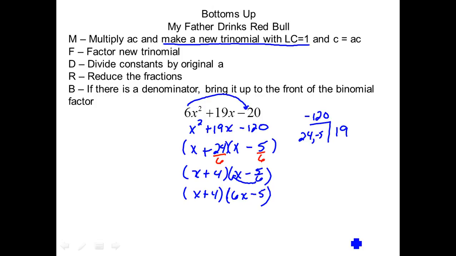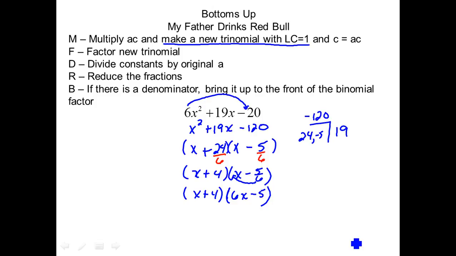Multiply the first one into the last one and make your new trinomial where your leading coefficient is 1. But remember, this number is going to be different. And then we go back to this process. Okay, your leading coefficient is now 1, so you have to have 2 sets of parentheses, divide on your signs, bust your x up. Think, what can I multiply together to get negative 120, but add together to get 19? No matter what you choose to do, you're going to do this.